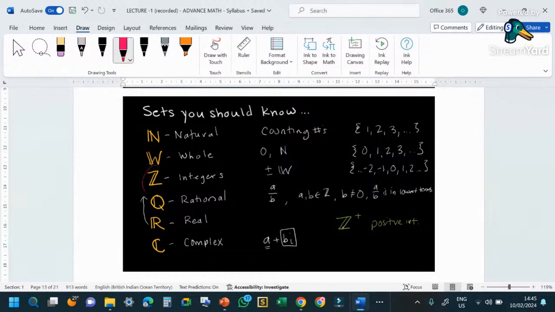And Z is defined as the integers. Integers has got positive and negative signs. So it's W with a double line for the whole numbers, and Z with a double line inside. But this is not our concern at the moment.